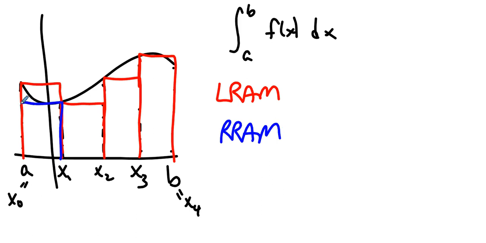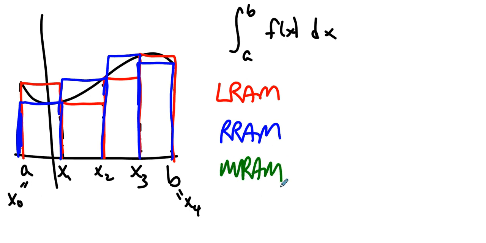The right endpoint tells you how high the rectangle is, and so we add up the areas of 4 rectangles, and that gives us the approximation. Sometimes, very rarely, we used an MRAM where we would let the midpoint determine how high the rectangle is. Nobody liked any of those.